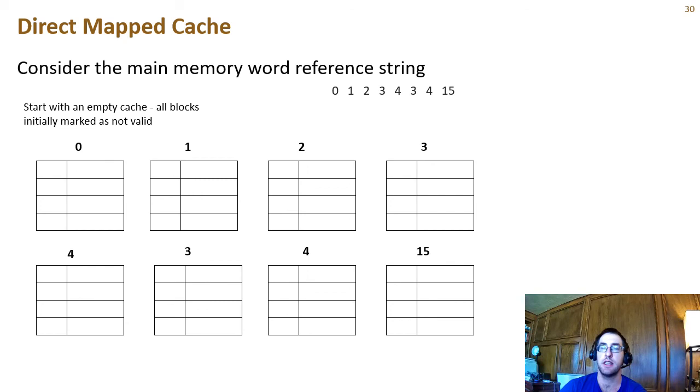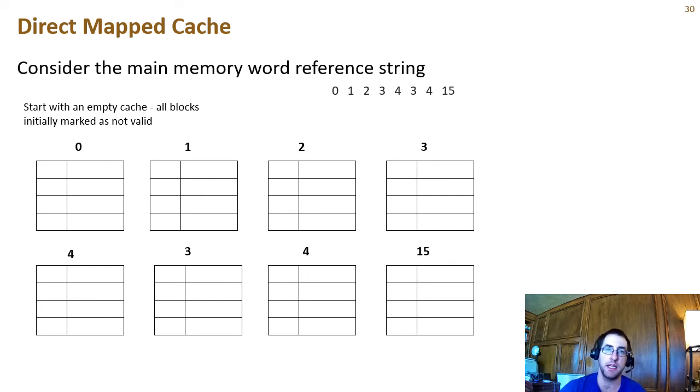So let's take a look at this main memory reference string of words. So assume the word address is 0, 1, 2, 3, 4, 3, 4, 15. So we've omitted the bytes. We've just changed these into block addresses, essentially.